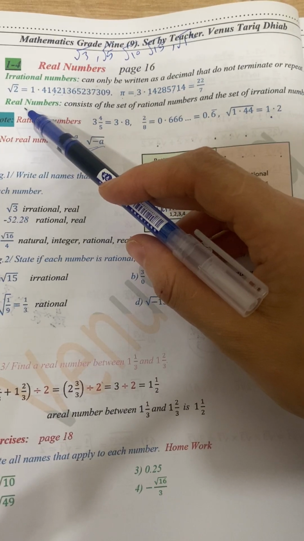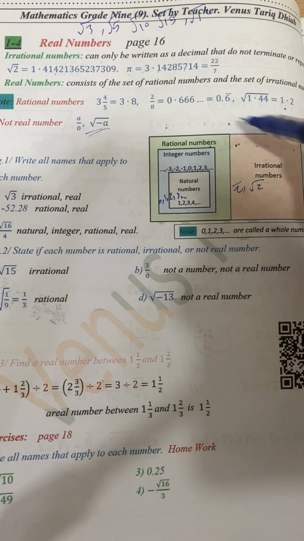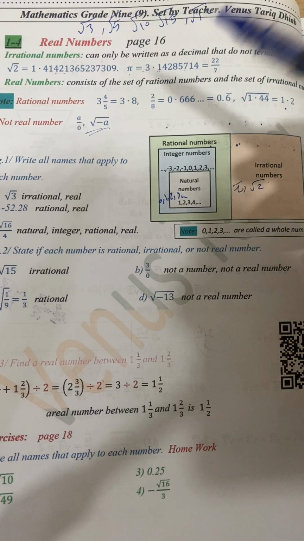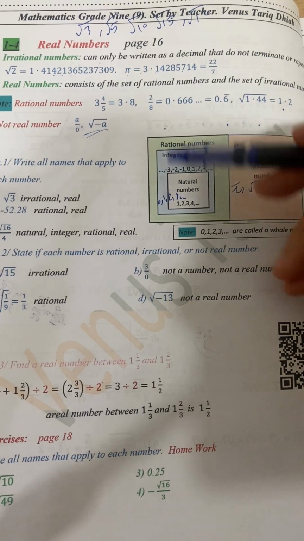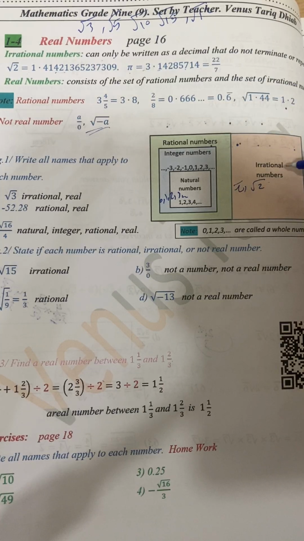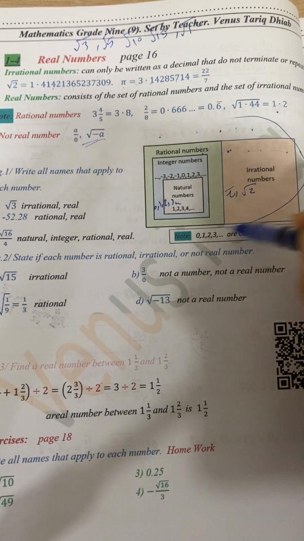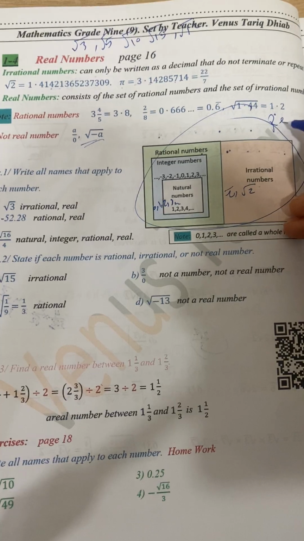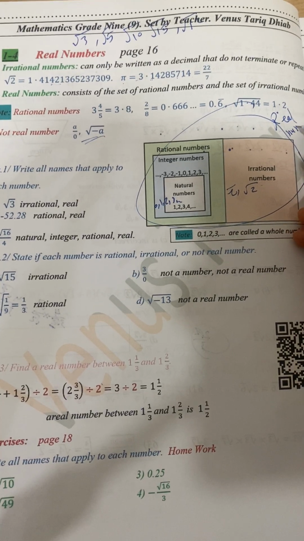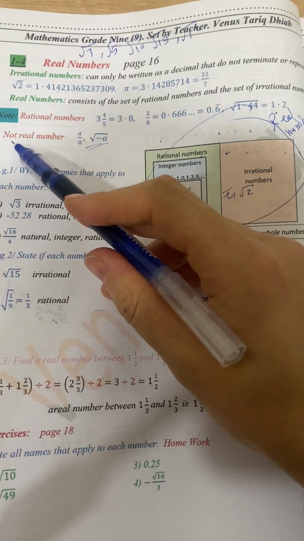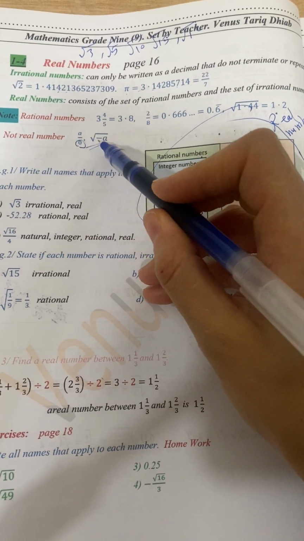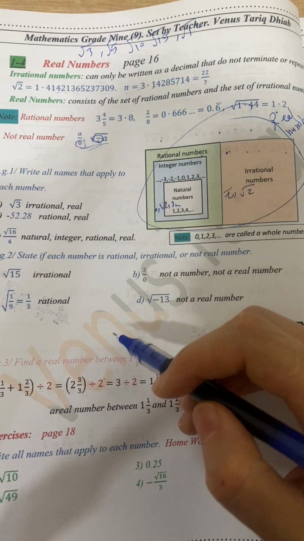The set of all real numbers consists of all rational and irrational numbers. That means natural numbers, whole numbers, integer numbers, all of them are rational, and then irrational numbers too, all of them are called real numbers. But for unreal or not real, we have denominator 0 or a negative sign inside a radical sign.